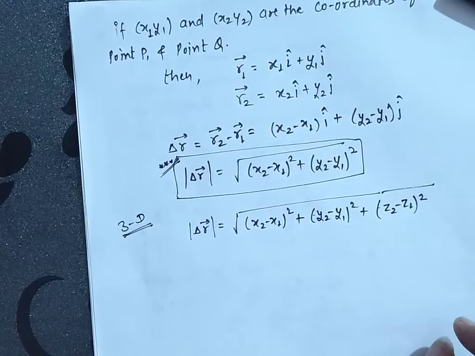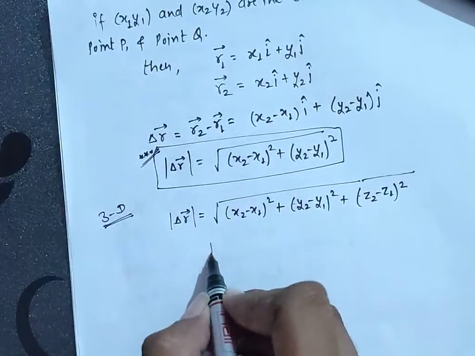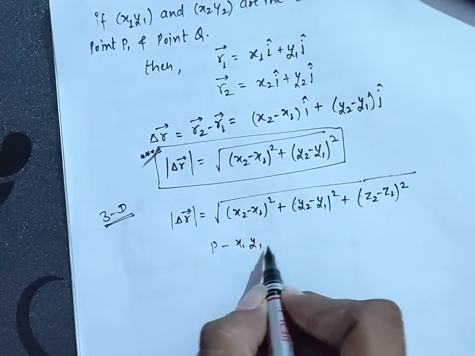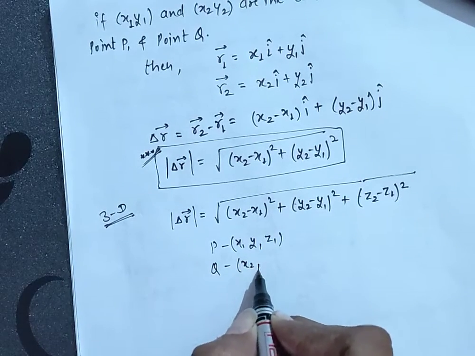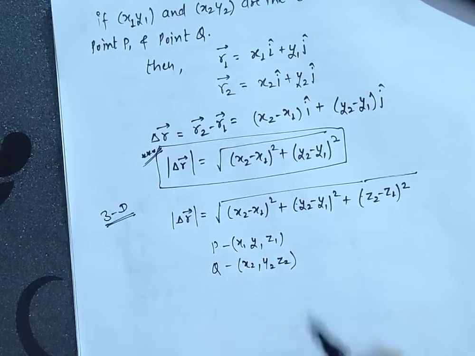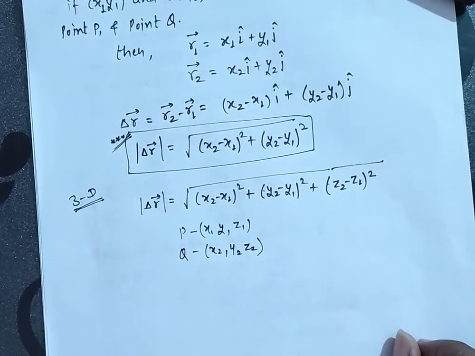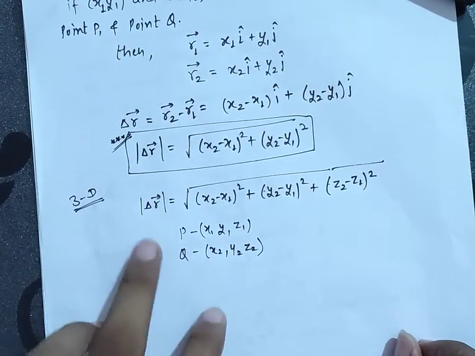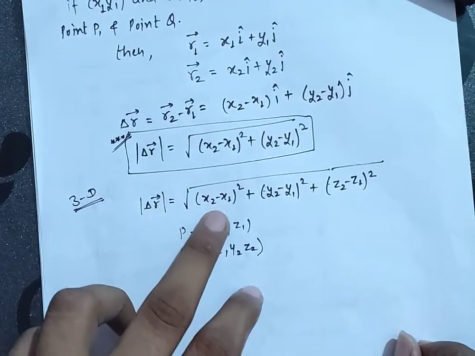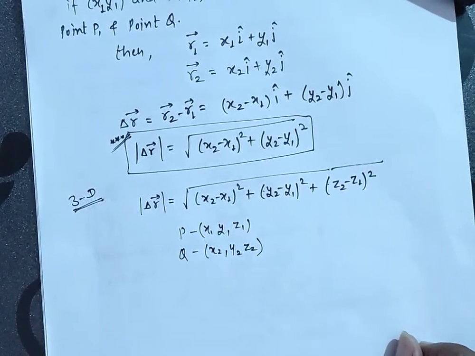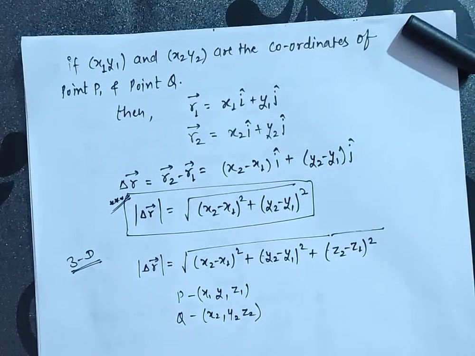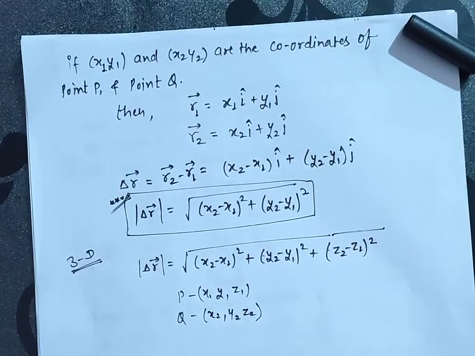If the point P has coordinates x1, y1 and z1, and point Q has coordinates x2, y2 and z2, the magnitude of displacement vector is written as root of x2 minus x1 whole square plus y2 minus y1 whole square plus z2 minus z1 whole square. So this formula represents the displacement vector.